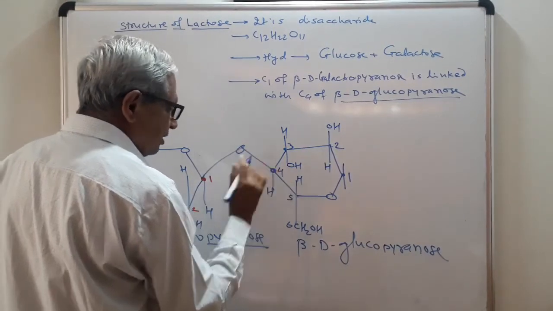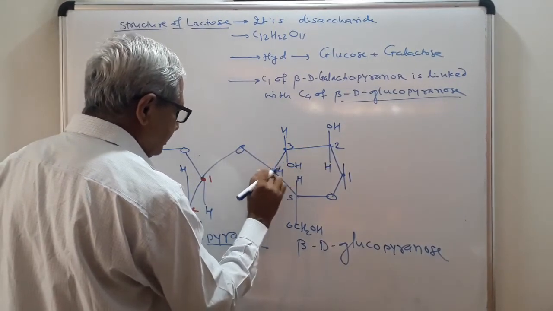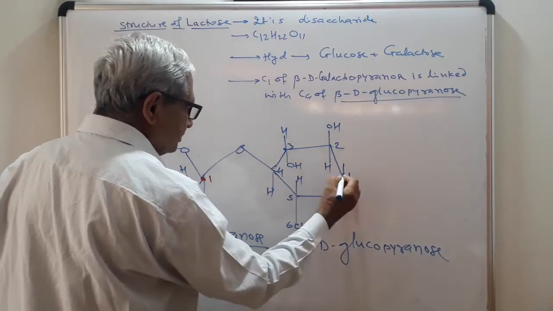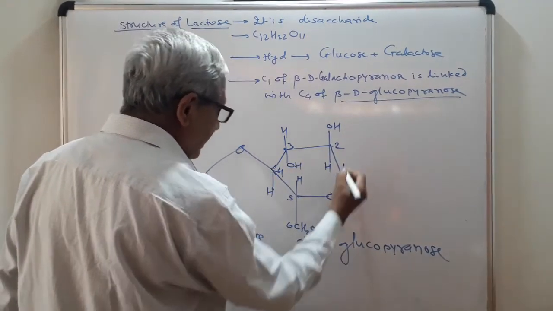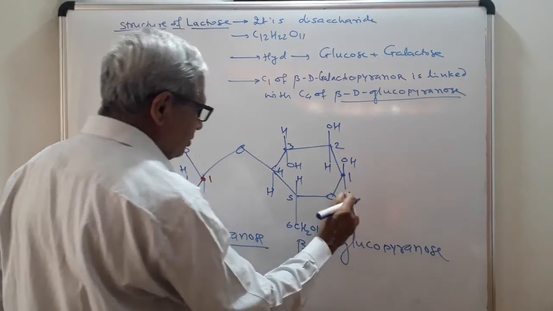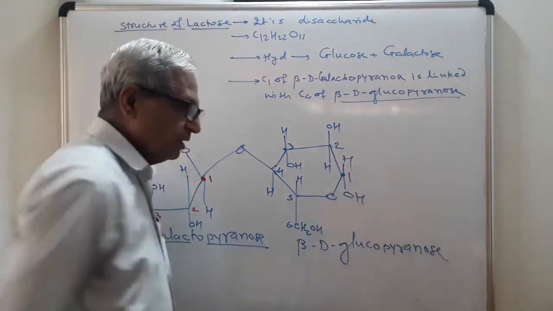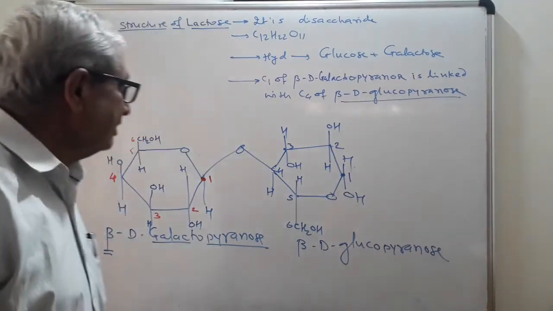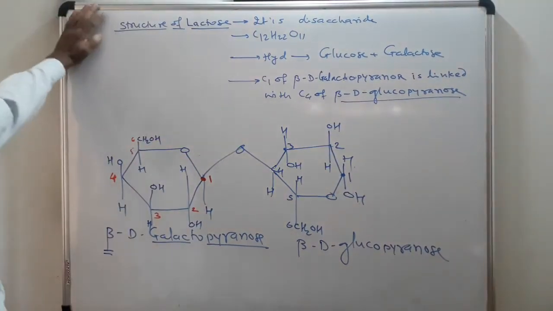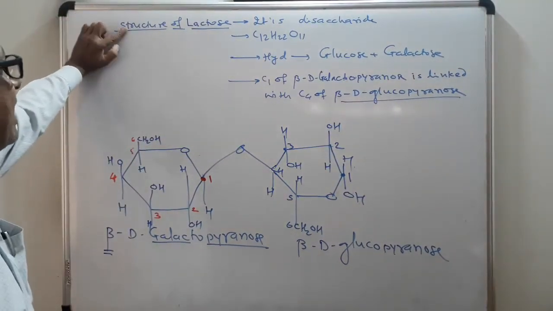Here the anomeric carbon is C1; this is not the anomeric carbon, this is your anomeric carbon. Beta is there, therefore OH must be above. So in this case it will come below, OH and H. The reverse thing is there. So this is the structure; take the revision of the structure of lactose.